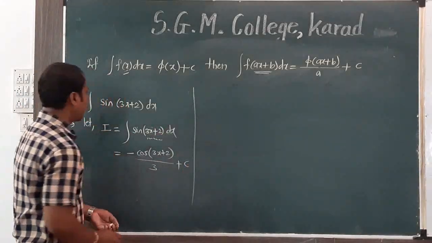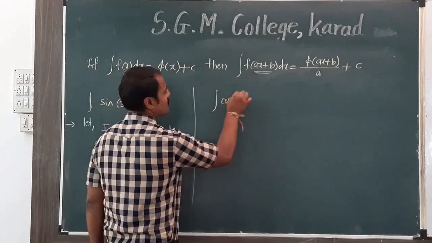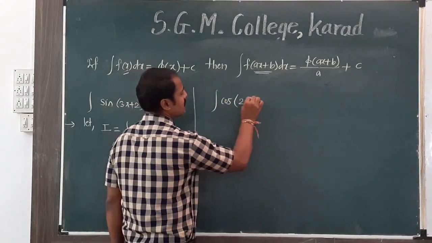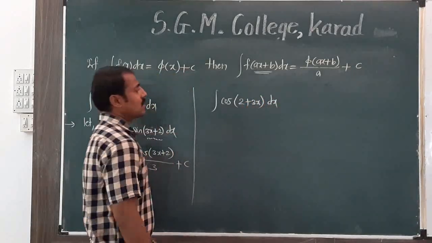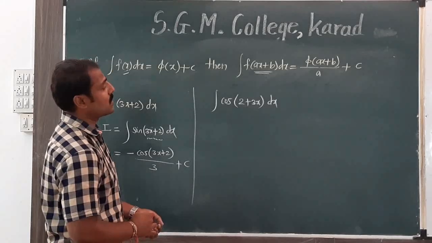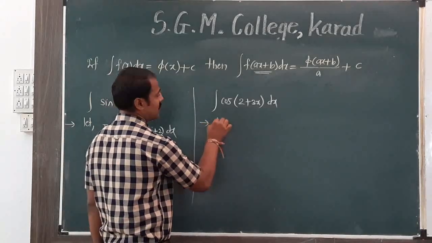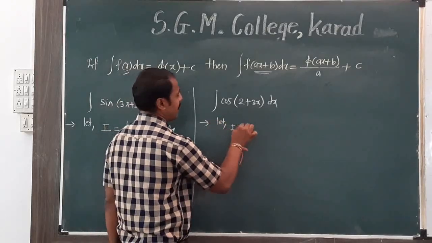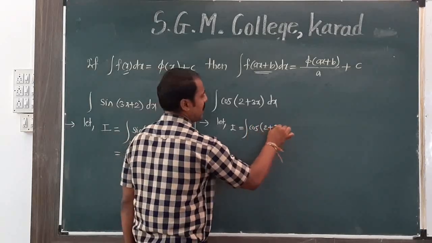Similarly, another example is here. Evaluate integration of cos of 2 plus 3x dx. First, in the solution, let I be the integration of cos of 2 plus 3x.